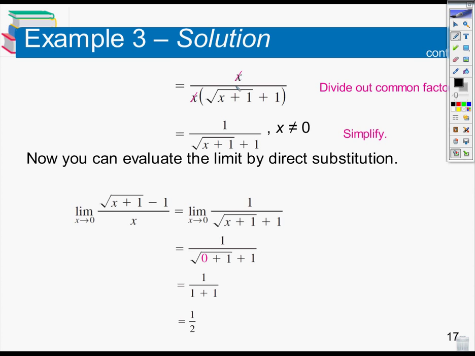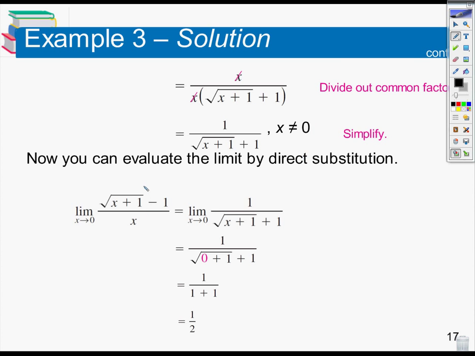So don't do any unnecessary work for yourself and multiply it out and then factor it out again. Just leave it, because it might cancel. So we cancel out the x's, and look at this. Now I have 1 over square root of x plus 1 plus 1, and I'm still looking for the limit.